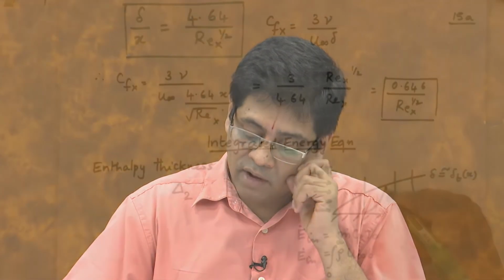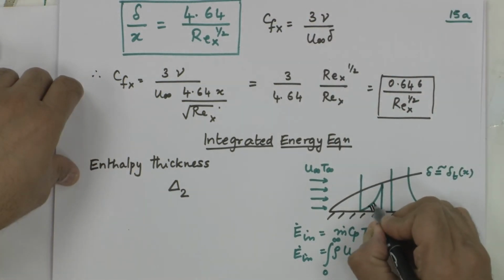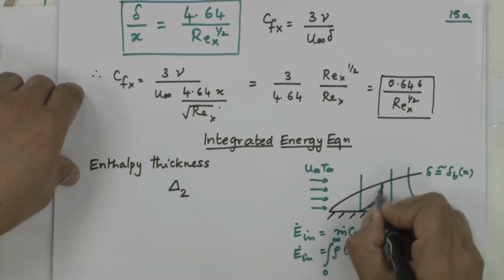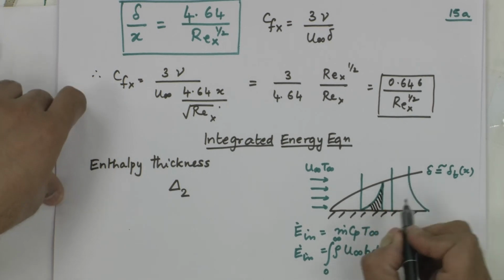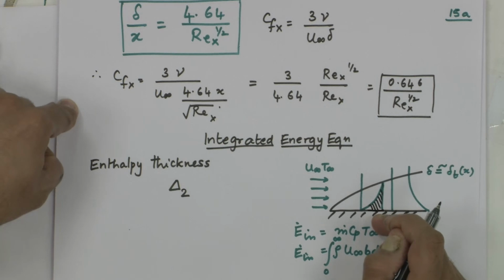Now, analogous to what was done for momentum thickness, the fluid, because it has a velocity different from the free stream velocity, varying in the y direction, resulted in a momentum deficit given by something like this.